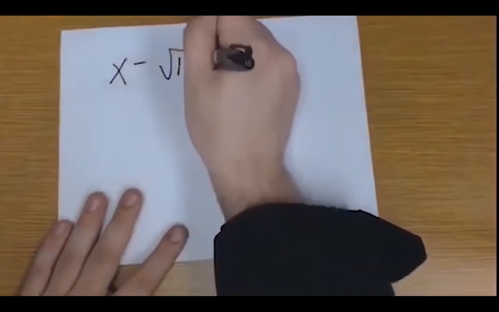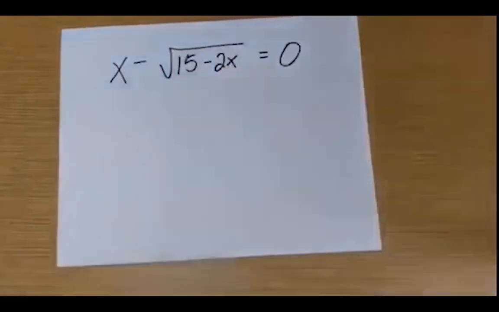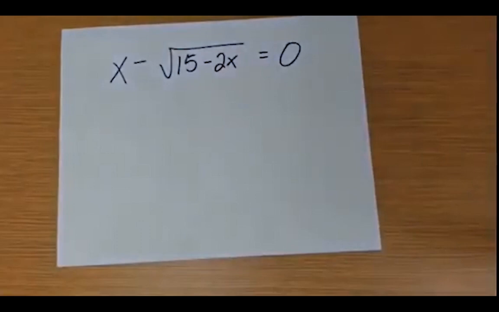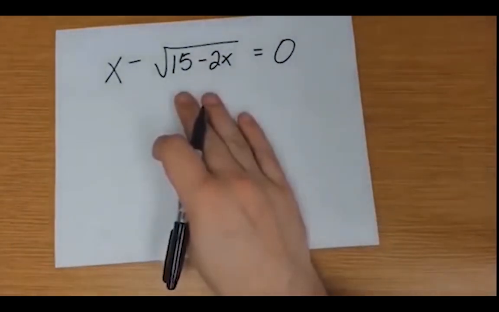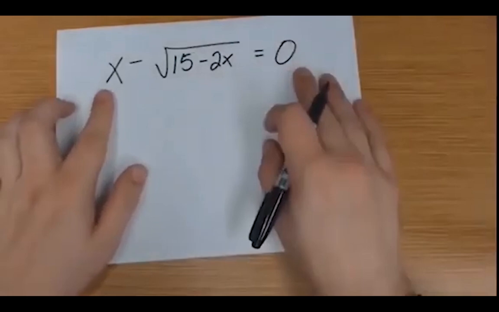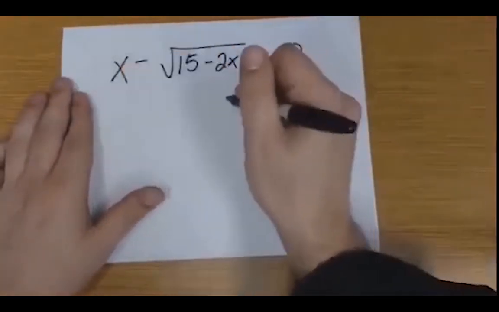x minus radical 15 minus 2x equals 0. So first, we want to get this radical by itself. Oh, look at that. We have 0 on one side.